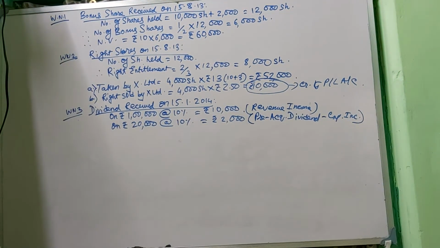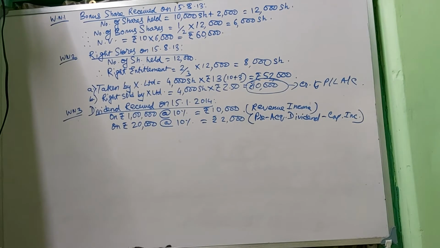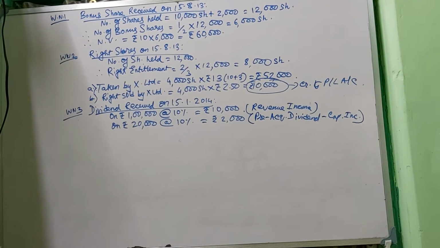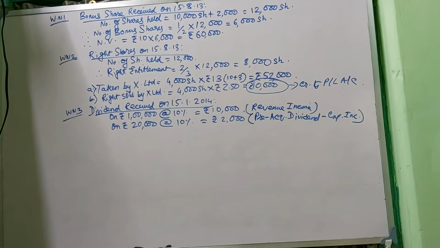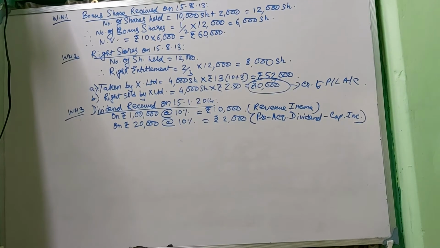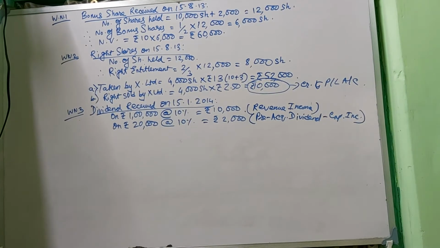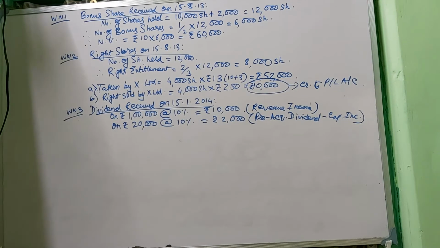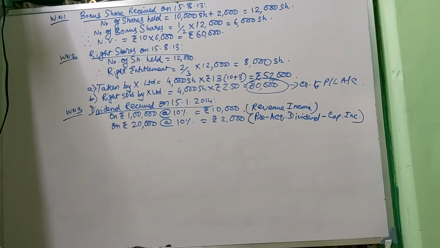It is basically that 2,000. Now there has been a sale on the last portion which has been given. So I'll come to that. The selling part, I'll come to that. The proportionate cost which you have to calculate. Okay. So up to this, it's 3 working notes.